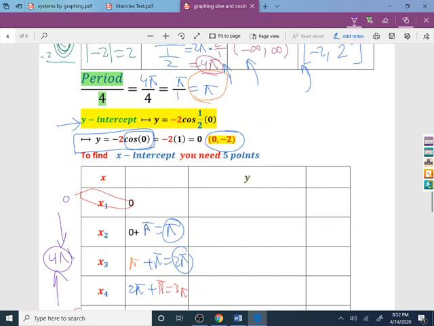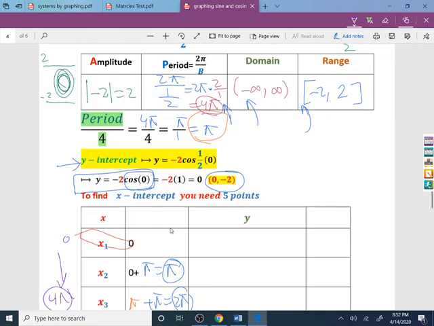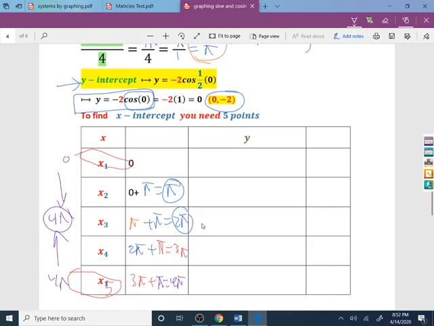Okay, let us finish this problem. Now we have to plug all these values in my function. -2 cosine half, -2 cosine half, and so on.